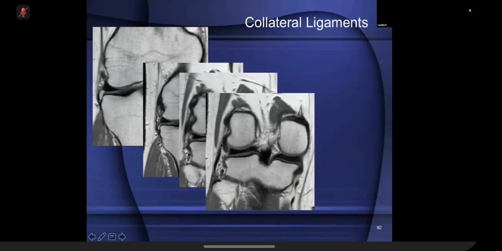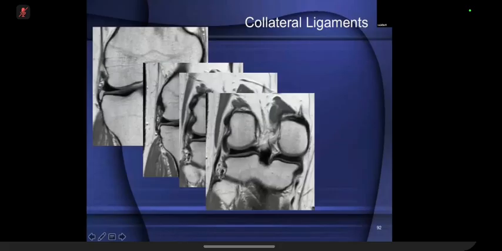One of the signs, incidentally, of anterior cruciate ligament tear is that because of the ACL rupture, the tibia tends to rotate onto the femur. And therefore, you may be in a situation in which you will be able to see the lateral collateral ligament in one coronal slice.